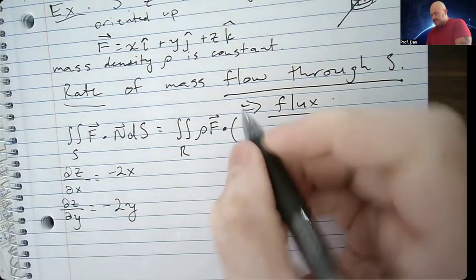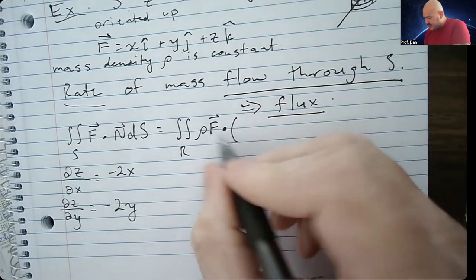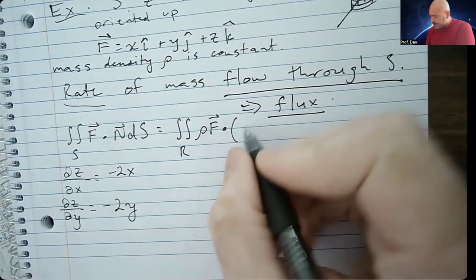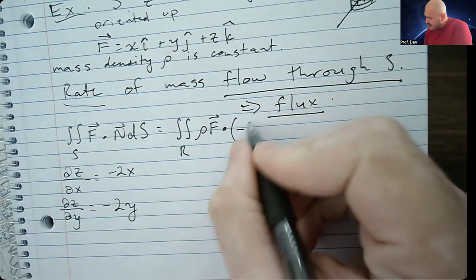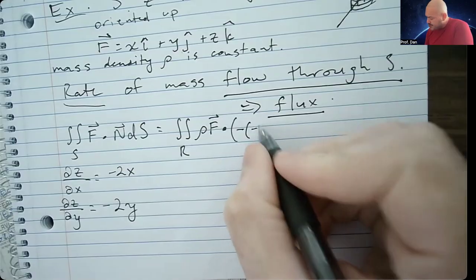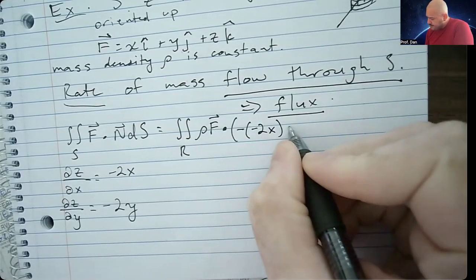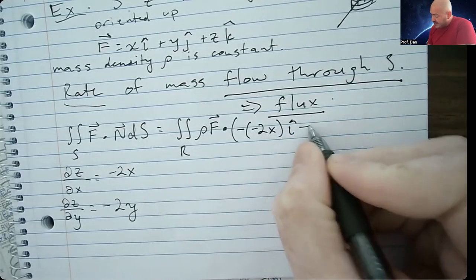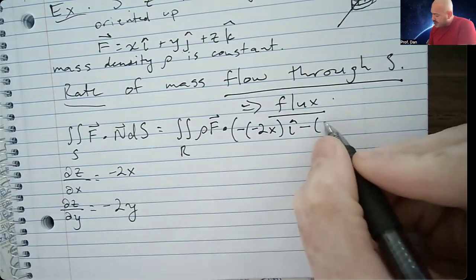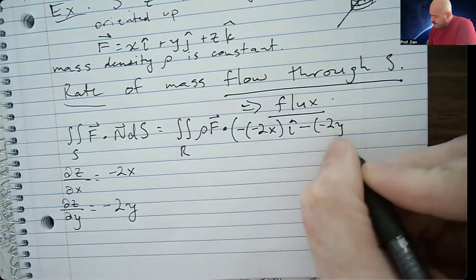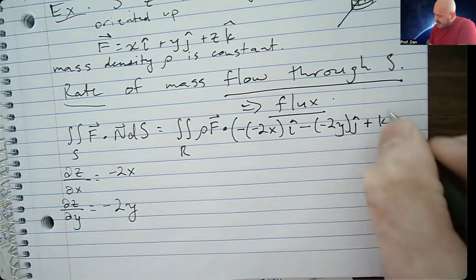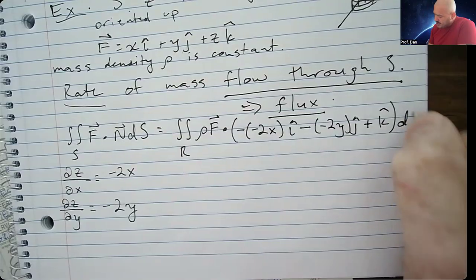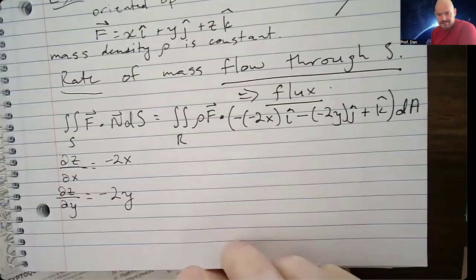So the dot product that I'm taking is my force field dot negative my partial with respect to x, i, minus my partial with respect to y, j, plus k, dA.